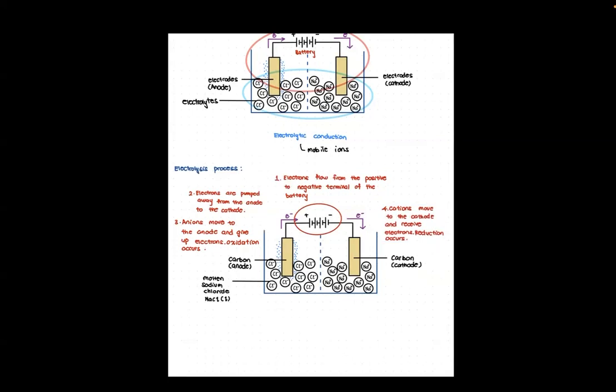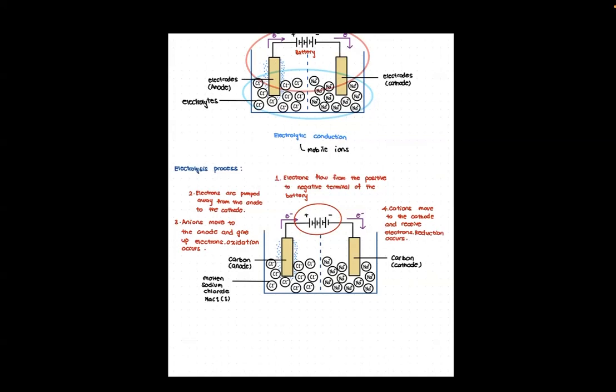This is where reduction occurs. So what if the anions give up electrons and the cations take in electrons? This is when we talk about how discharge happens.